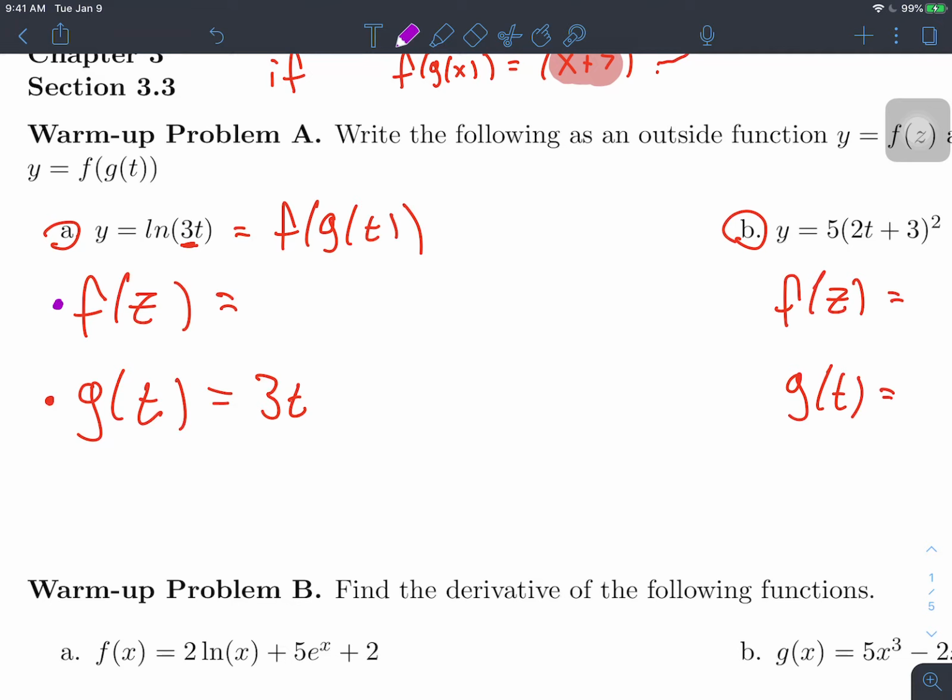So if I take 3t and I plug it into f of z, and I plug in 3t anywhere I see a z, what should that function f of z be?